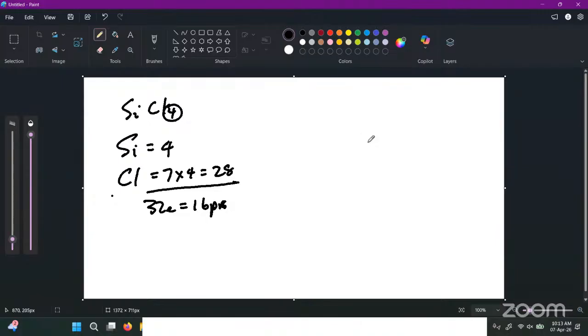All right? So we put the silicon in the middle, surrounded with the chlorines. So what's the next step? The bonding pairs. Bonding pairs, right? So remember now, we have 16 to play with, right? So 1, 2, 3, 4, right? So I've used 4 of 16. What next?